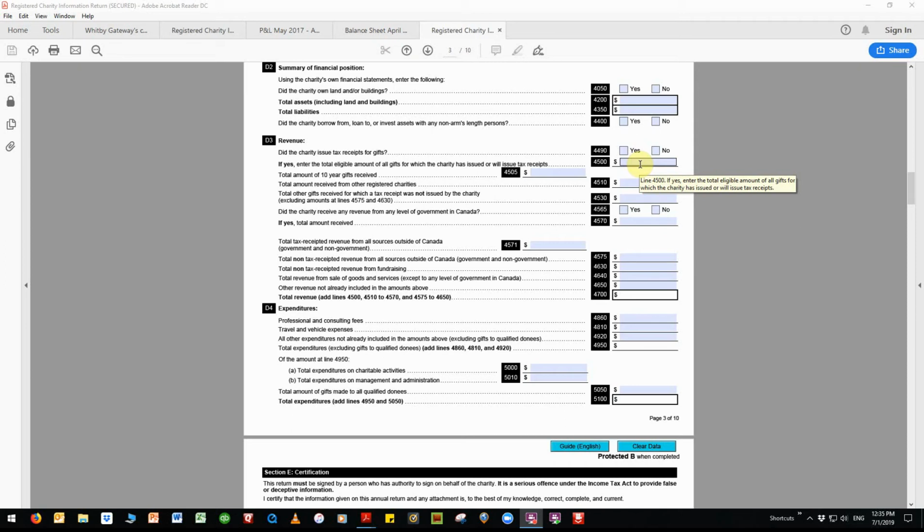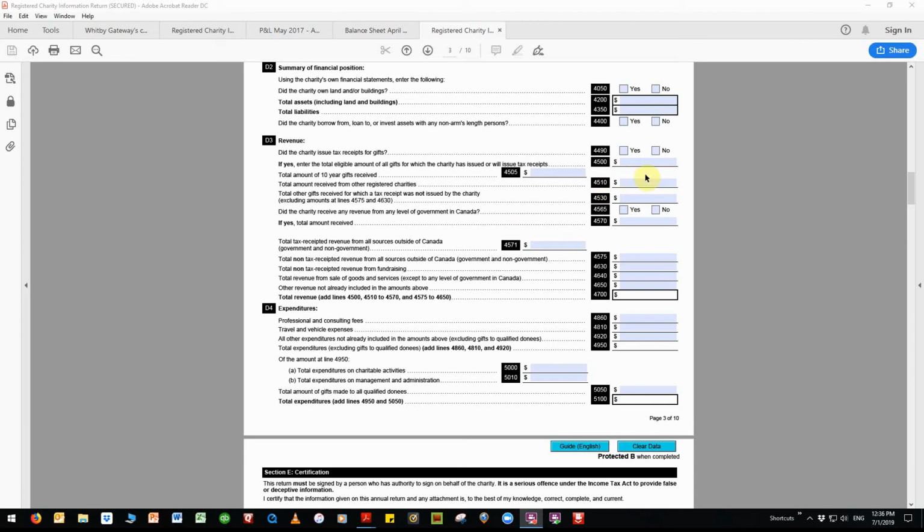So you cannot take, for instance, your 2018 tax receipts issued and put that number in there, because it's going to be split between the 2 years, because we need to record our tax receipts on the church year end.